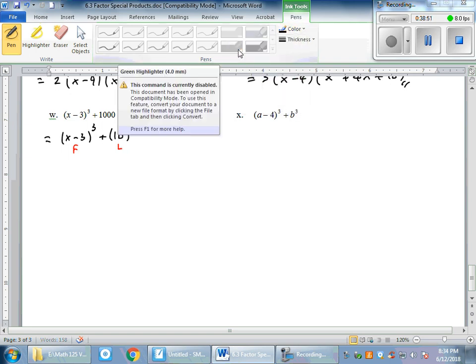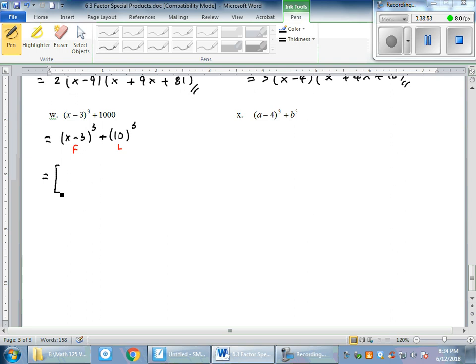So according to the formula, that will be first plus last, times first square minus first times last plus last square.